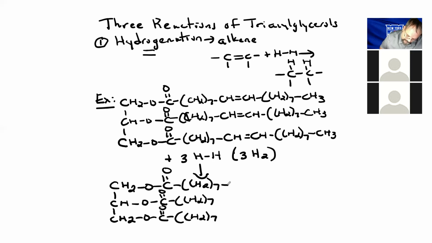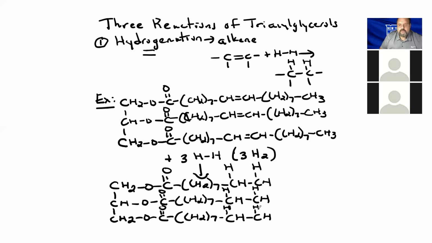Now, once I get to the carbons of the double bond, what happens? The double bond between those 2 carbons, in each of the quote unquote rows, becomes a single bond. I add 1 hydrogen to one former double bond carbon, another hydrogen to the other former double bond carbon. I do that once, I do that twice, I do that 3 times. And that would be my transformation.